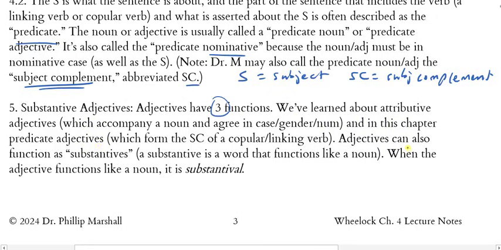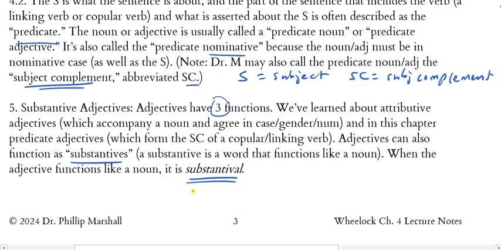Now, adjectives can also function as substantives. What's a substantive? A substantive is a word that functions like a noun. So when the adjective, which is not a noun, functions like it is a noun, then we could say that it is substantival. Okay?